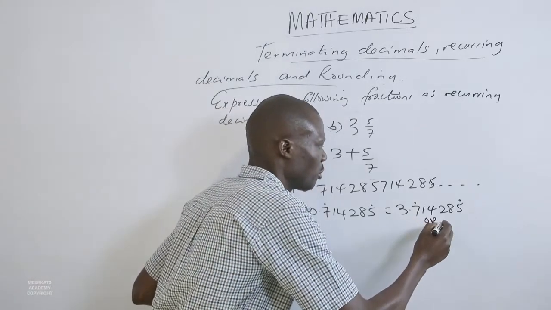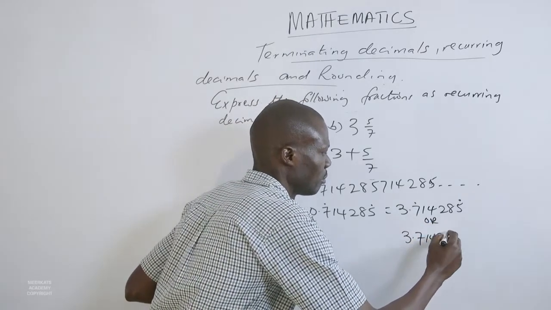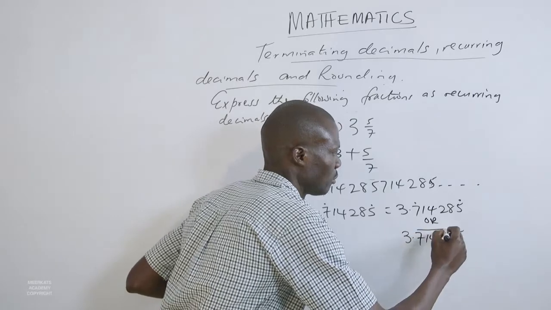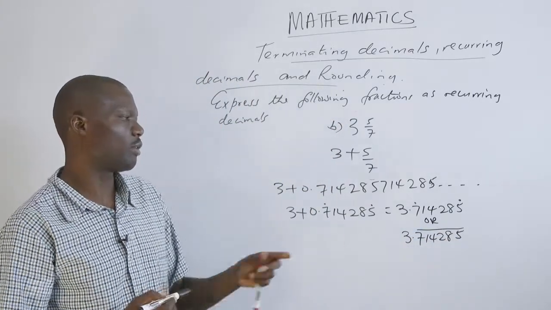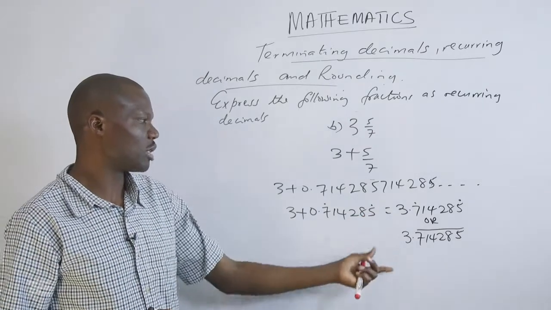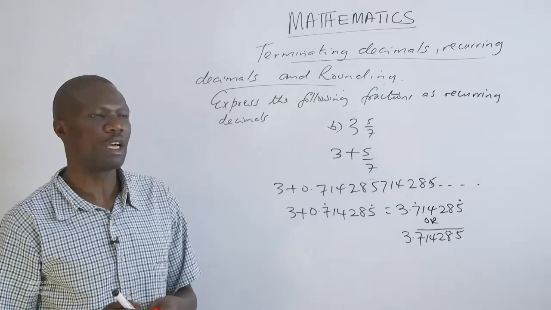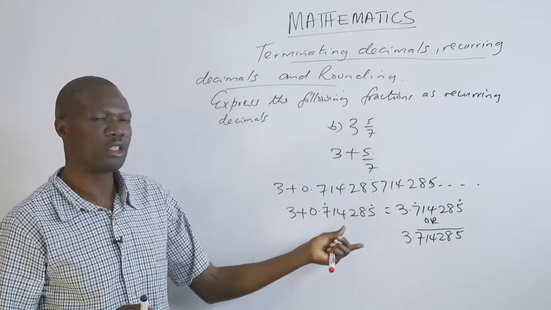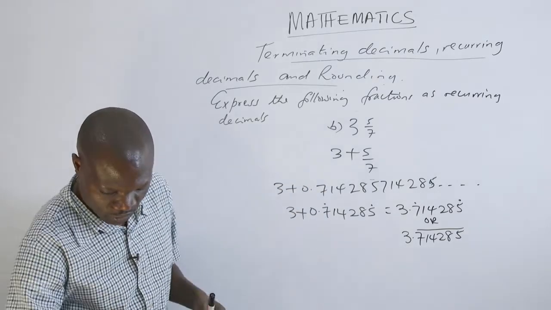Or with a bar starting from the first digit that starts to recur to the last digit. So you can simply convert 3 and 5/7 into recurring decimal, and this is what we get.